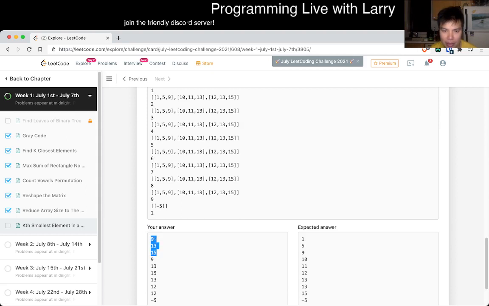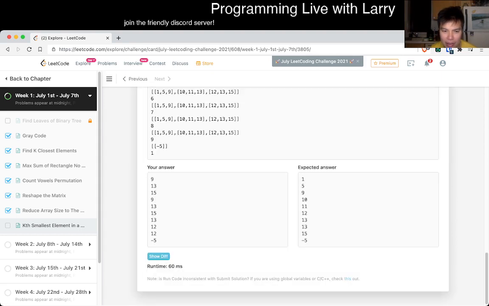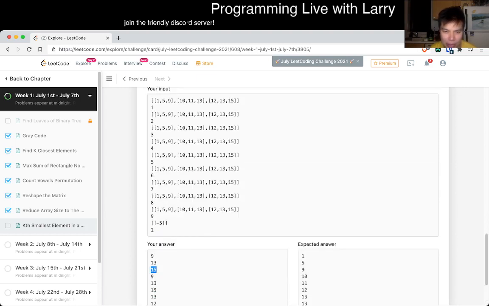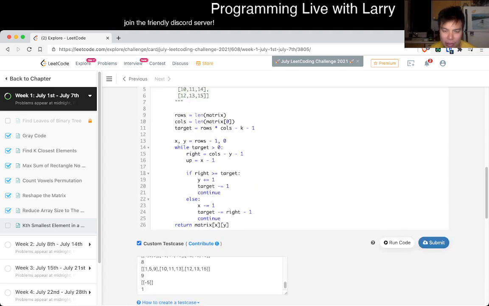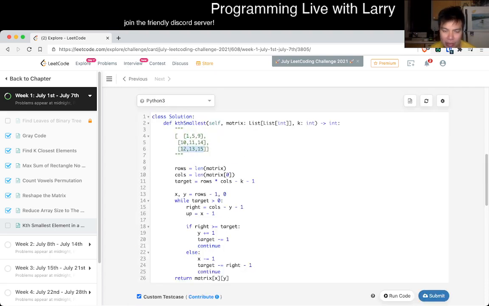Because for 6, how did I get 15 for 3? I meant rows correctly. So ideally, you even get the rows correctly, and for k is equal to 3. Oh, maybe I did this the wrong way.